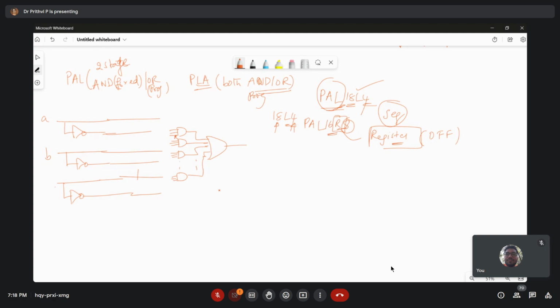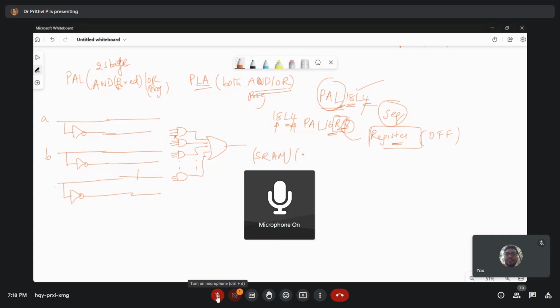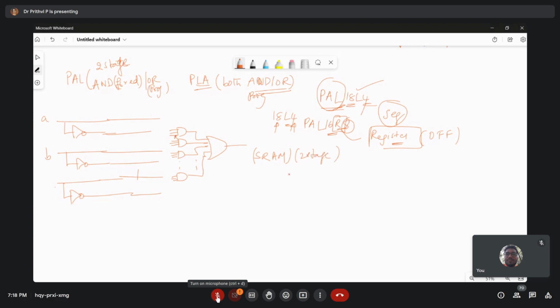Now, coming back to your FPGAs, they'll be using these SRAMs. And SRAMs are, as we said, two-stage, with the AND logic being fixed and the OR logic being operated. You have to define your own logic.